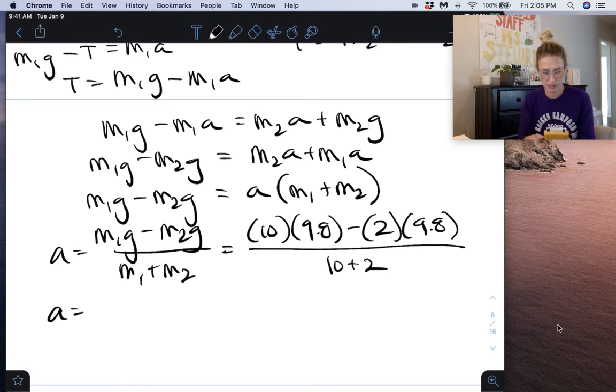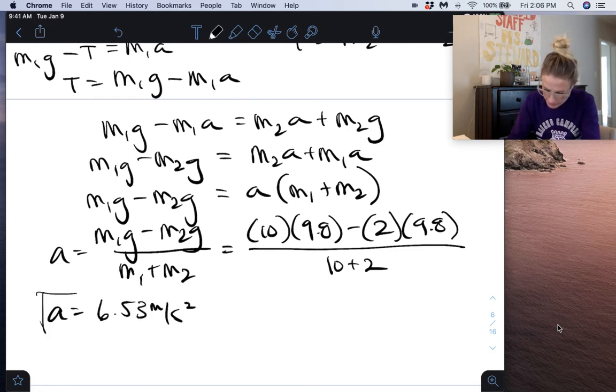I plugged it into my calculator wrong, of course. We get an acceleration of 6.53 meters per second squared.